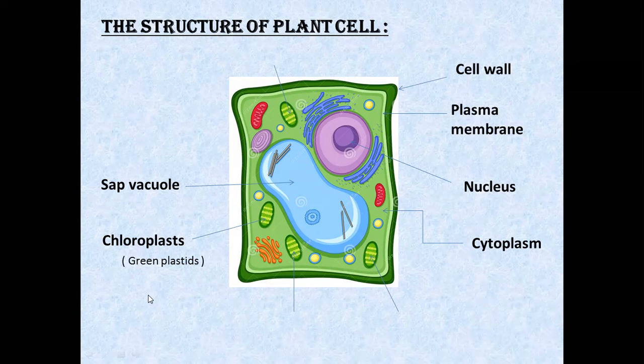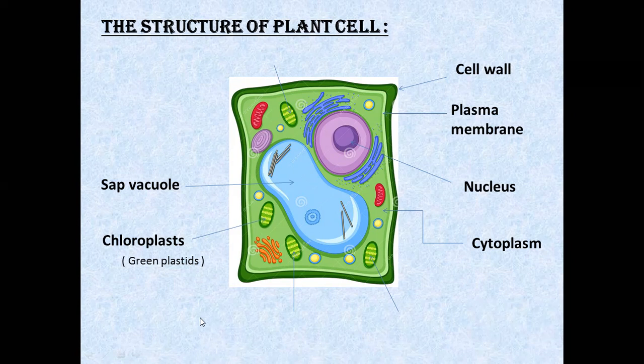And sure, it has cytoplasm. We said also it must exist in any cell because it fills all the spaces in the cell. And it has one large sap vacuole, and it has many green plastids or chloroplasts to take the sunlight and help the plant make its food.